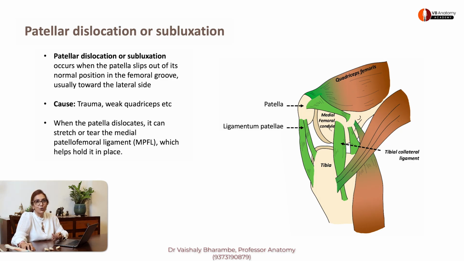When patella dislocates, you can see here there is a ligament, medial patellofemoral ligament. So if the patella moves laterally, this ligament gets stretched or torn. Okay, surprisingly, not much is discussed about this even when we do the knee joint, but this is a very important ligament from point of view of stability of patella.